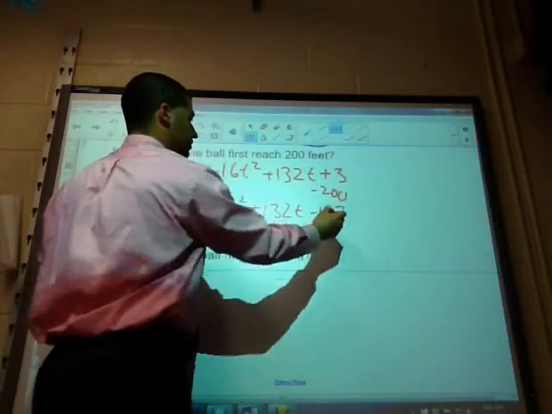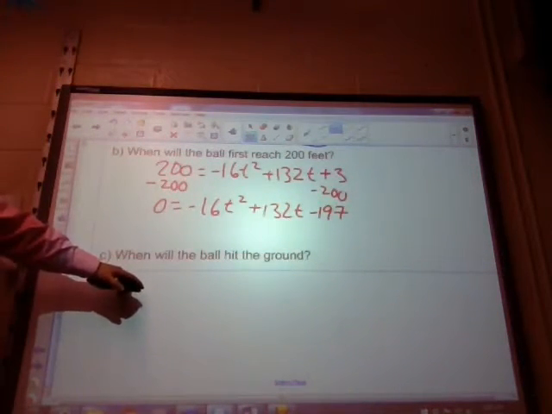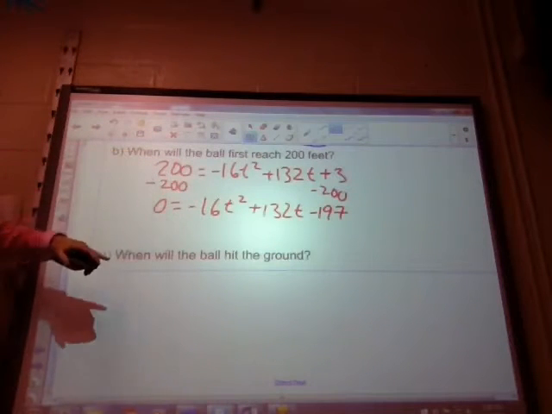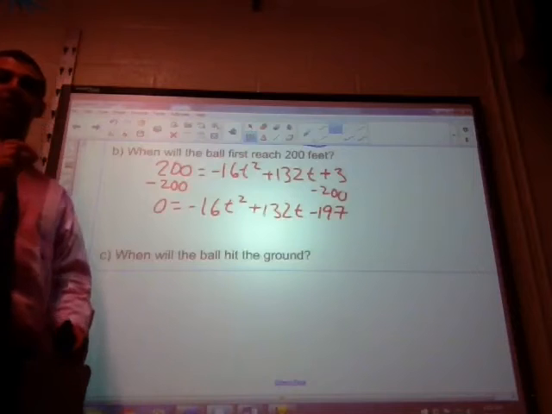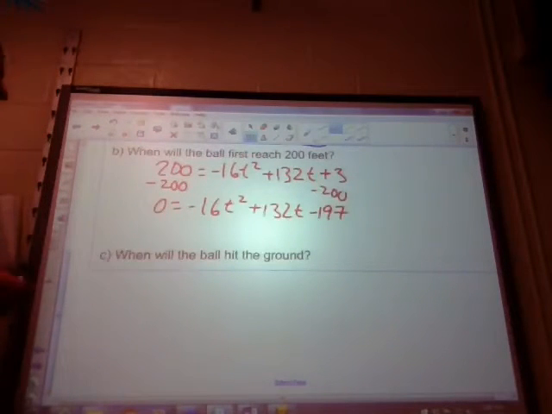And from there, you just put this into the quadratic formula and you solve. I'll show you the quadratic formula for this one, I don't need to do it twice. For this one, we're asking when it'll first reach 200 feet. So we get two answers. Whichever one is the smaller answer, if they're both positive, would be when it first reaches 200 feet.